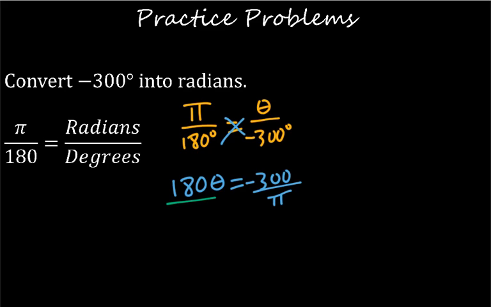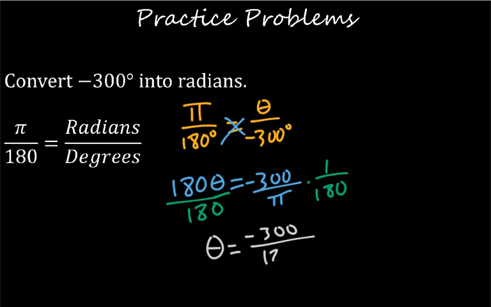Now we divide by 180, which is the same as multiplying by 1 over 180. And then what we have on the left side here is theta is equal to negative 300 over 180 pi.